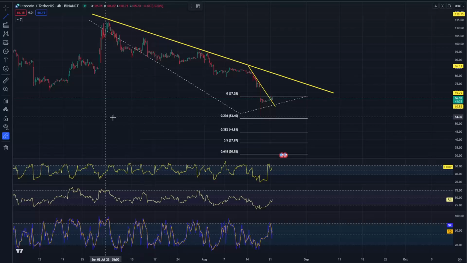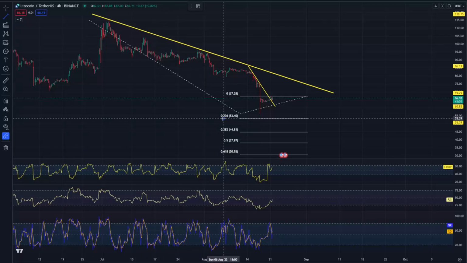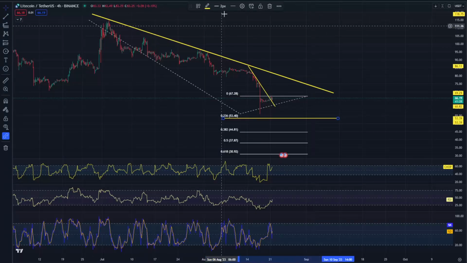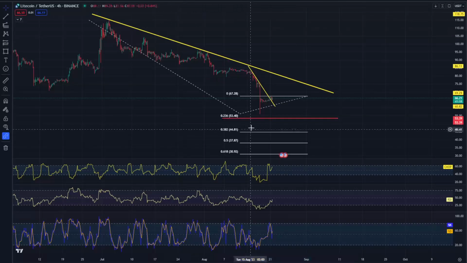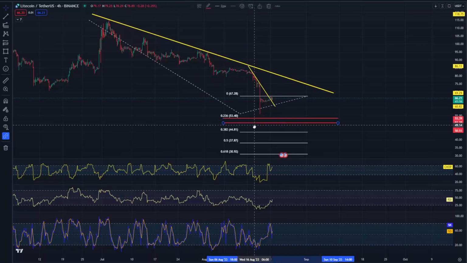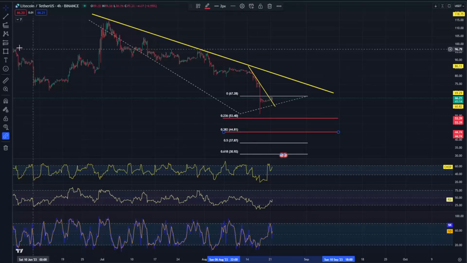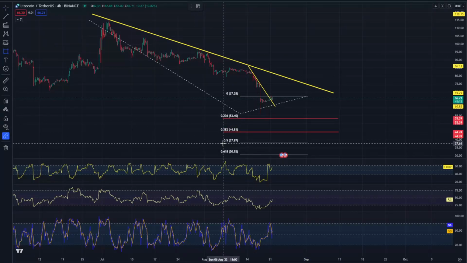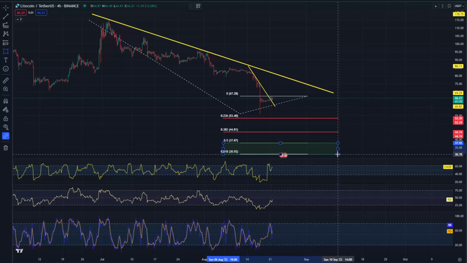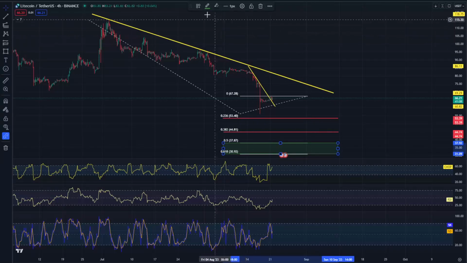Let's start by marking the price support points, and we see that we first have strong support at $53.39. But if the price goes lower, then we have another support at $44.74, and then a strong support zone from $37 to $31.